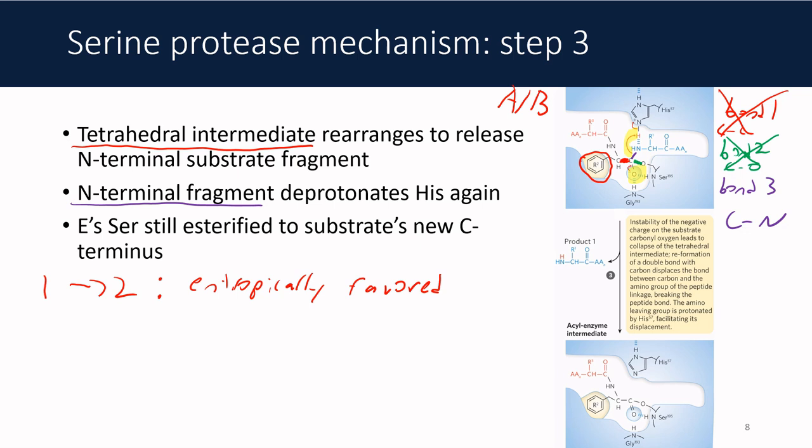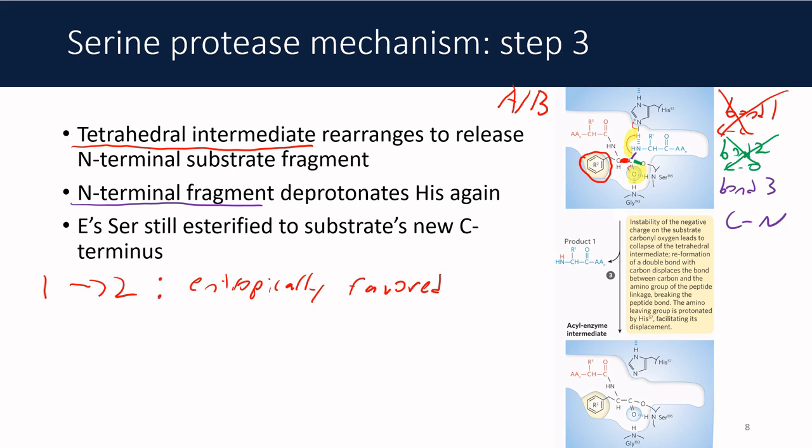It's going to help pull apart bond number 3. And as it does that, it's going to end up deprotonating that very same histidine. That proton is going to then be ripped off and conjoined with the newly formed N-terminus of the N-terminal fragment.